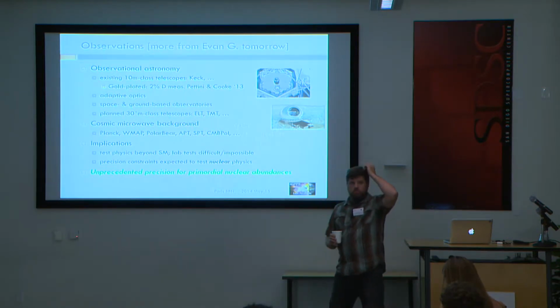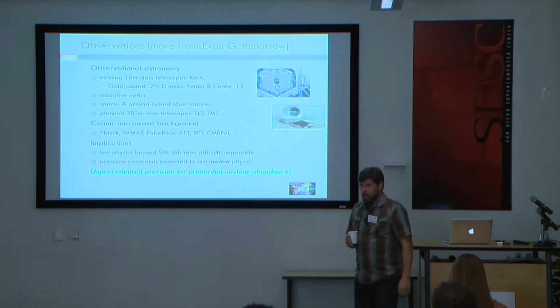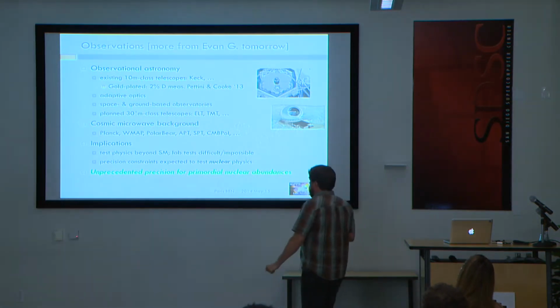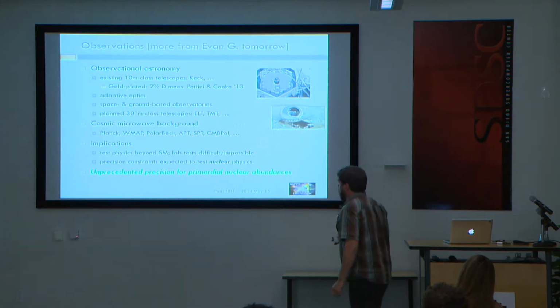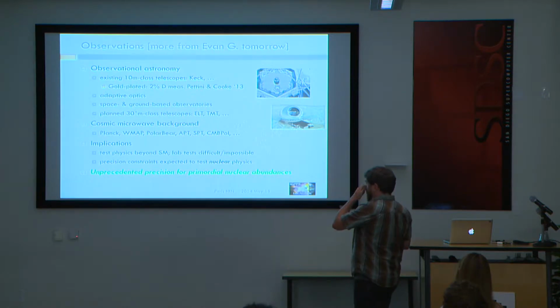Observationally, how do we know that our predictions for BBN are any good at all? It's because astronomers have done an incredible job looking into the cosmos and telling us what's out there.